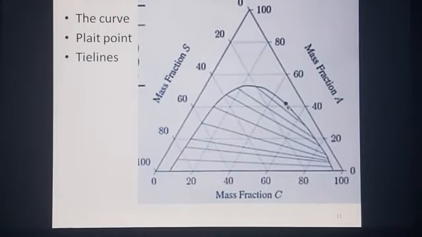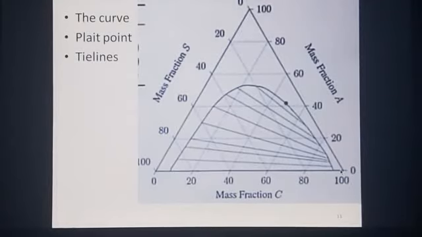This point is known as the plait point, which splits the binodal curve into the raffinate and extract phases. From it toward the solvent side will be the extract, since the extract is solvent rich, and from it toward the carrier side will be the raffinate.